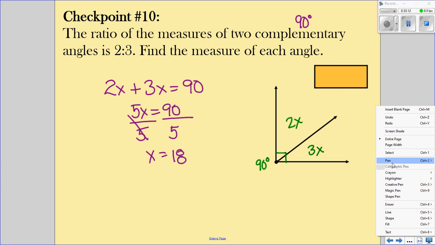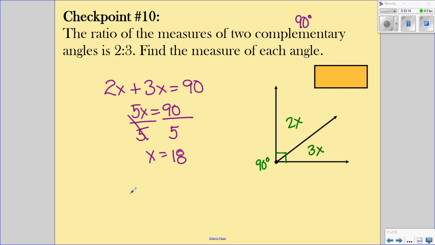Now you can plug in. So 2 times 18 gives you 36 degrees, because we're dealing with angles. And then 3 times 18 is 54 degrees.